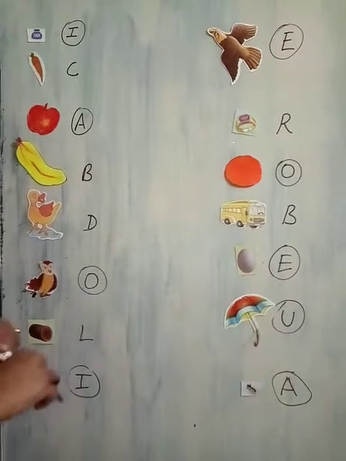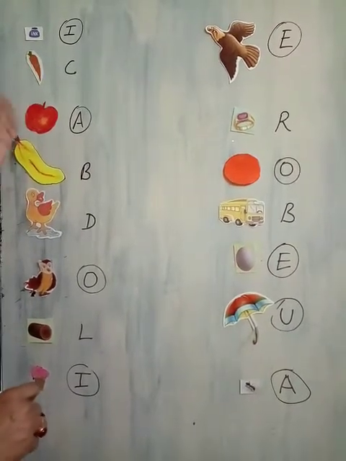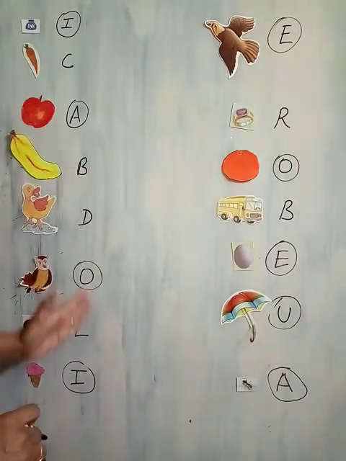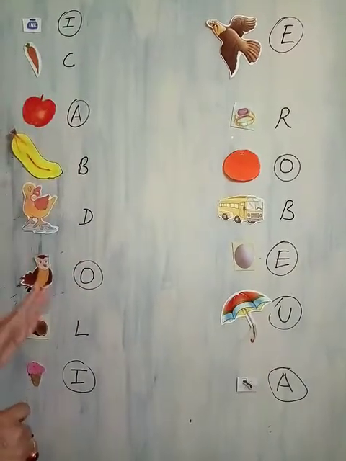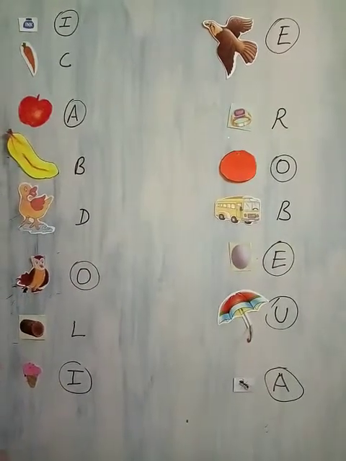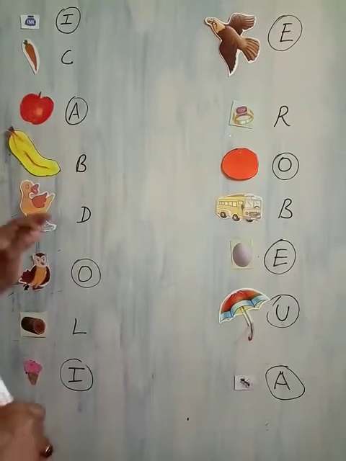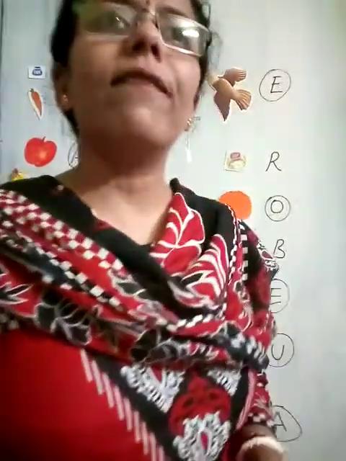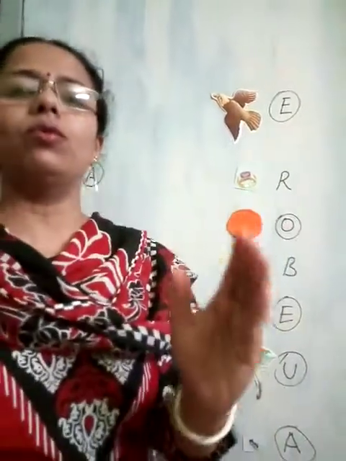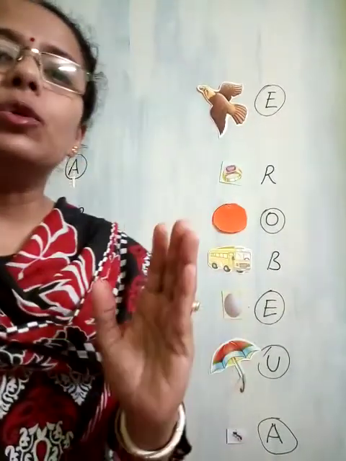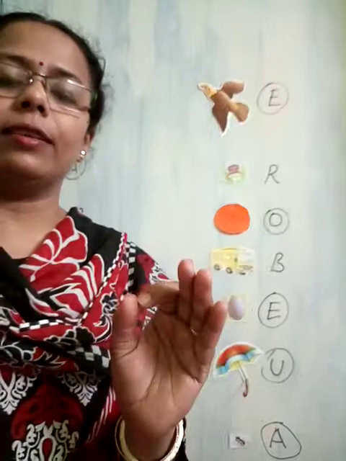So, ma'am, again the same thing. You circled all the vowel sound pictures, and you told us the consonants will not be circled. So, for the words which start with a vowel or have a vowel sound, we use an.